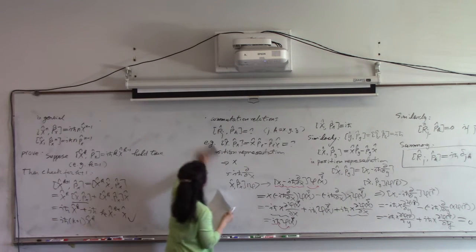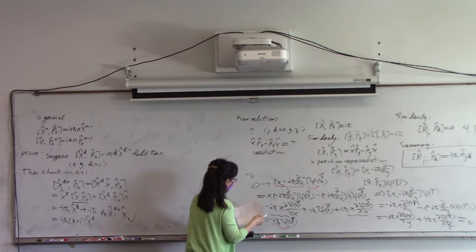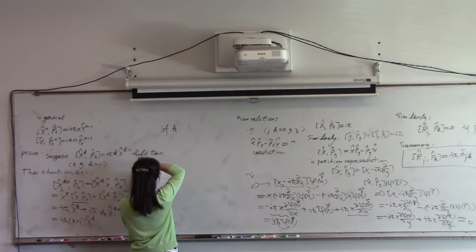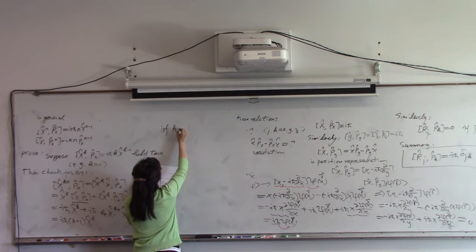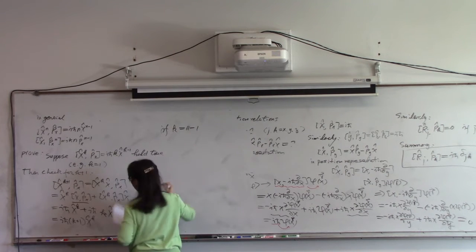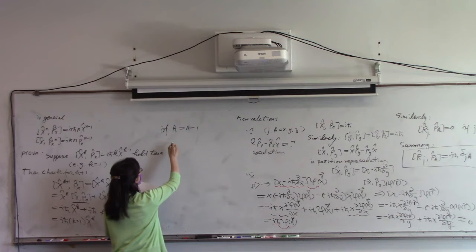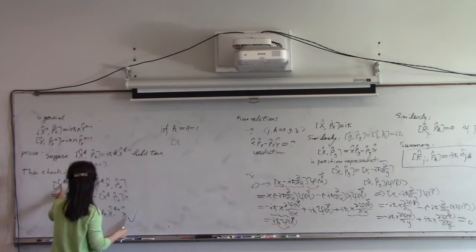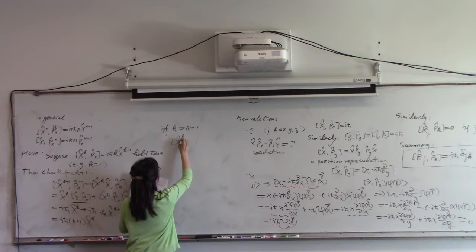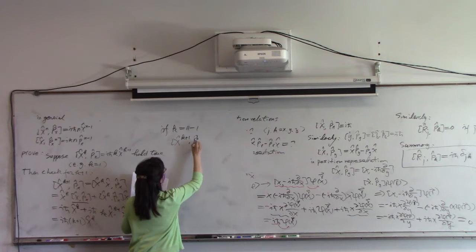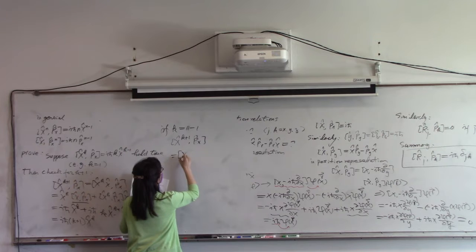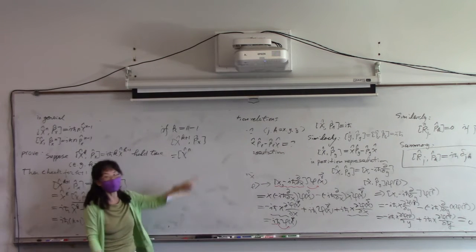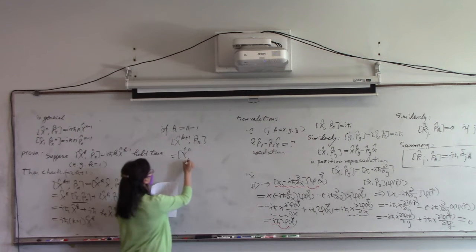Then if we define k equal to n minus 1, x to the k plus 1 with px equals x to the n with px, because k plus 1 is n.